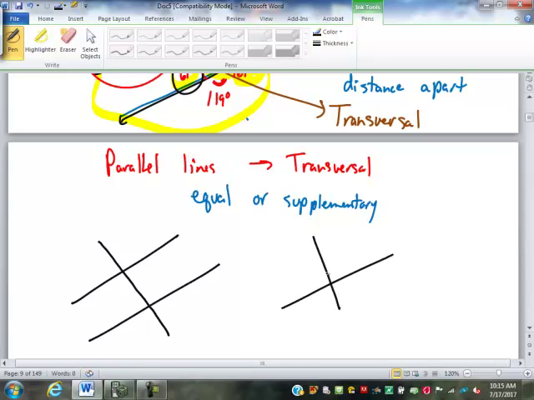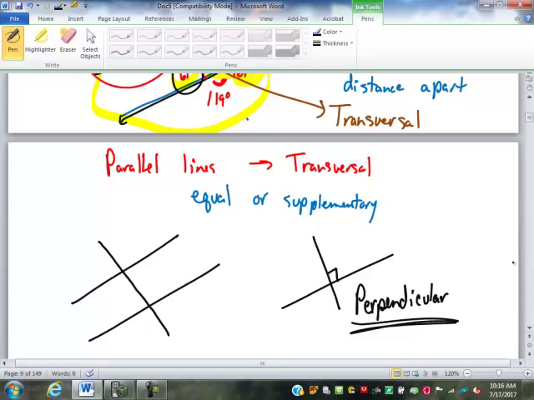If it did hit at a right angle, by the way, it is called perpendicular. Now you might wonder, why do we need that extra term perpendicular? Why can't we just say it intersects at a right angle? Well, perpendicular is a little bit more powerful than just lines. Perpendicular means it's a right angle no matter what direction you measure it.